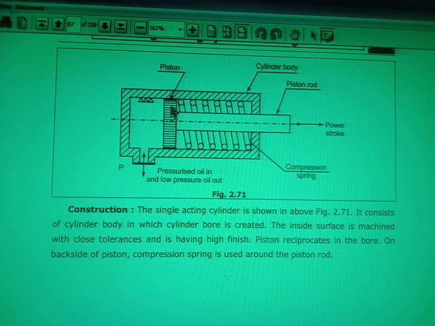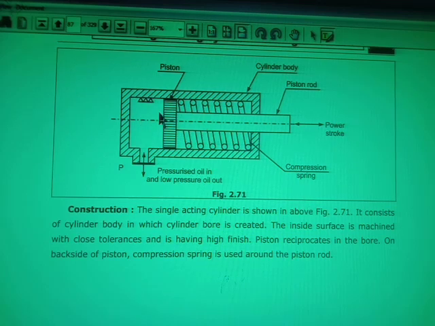The piston has an airtight joint, which means there will not be leakage of oil from this side to this side. Then there is a piston rod, and then a compression spring is provided here. So that is the simple construction. Now you can see here the three triangles.